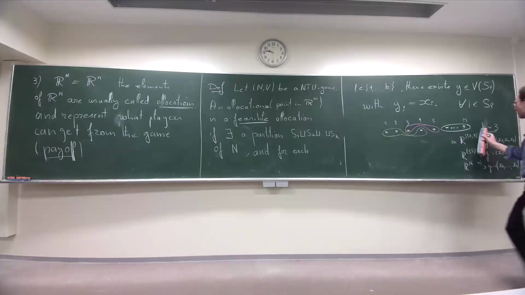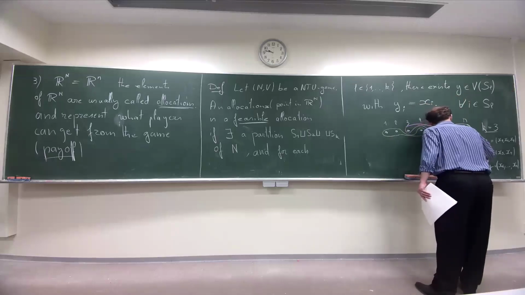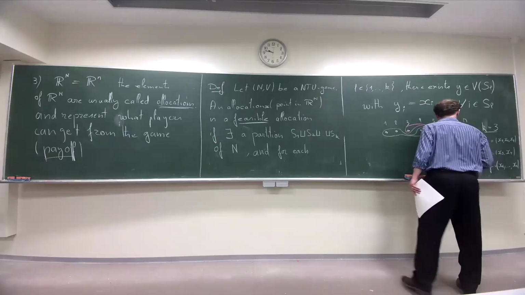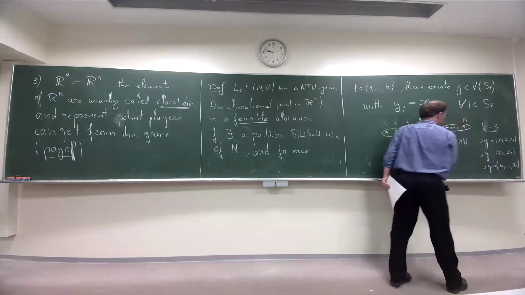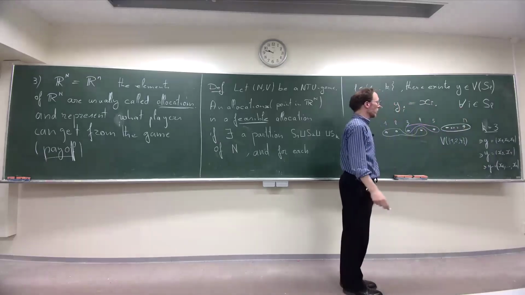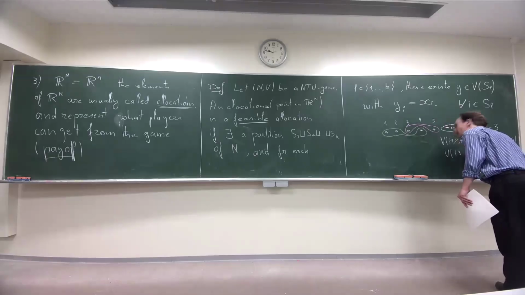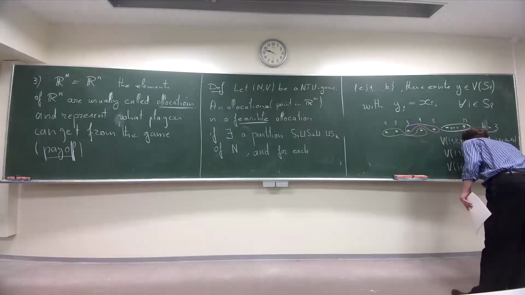It has to be in V of 1, 2, 4, which is a subset of indeed R 1 to 4. This one is in V of 3, 5. And this one is in V of the set 6 up to N.